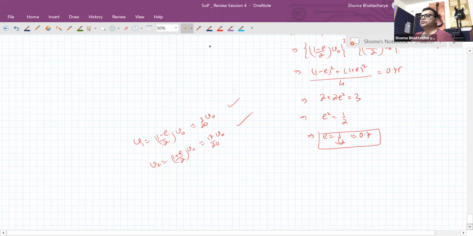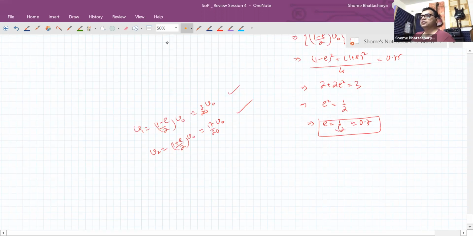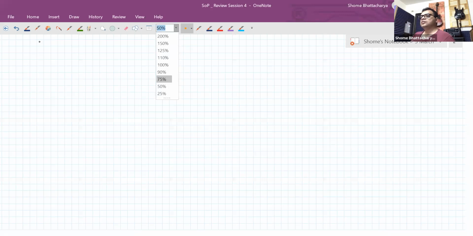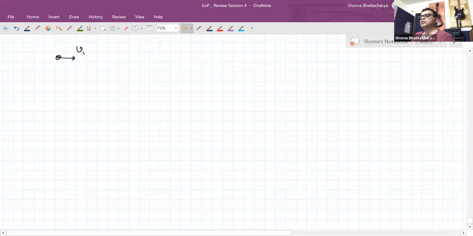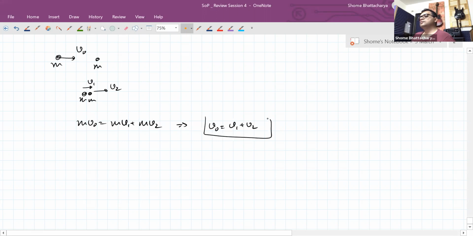Another way of approaching the same question would be something more direct, where you would say that we start with the conservation of momentum and the equation for energy that is given. So we have this as our first equation, and final kinetic energy is 75% or 0.75 times the initial kinetic energy.